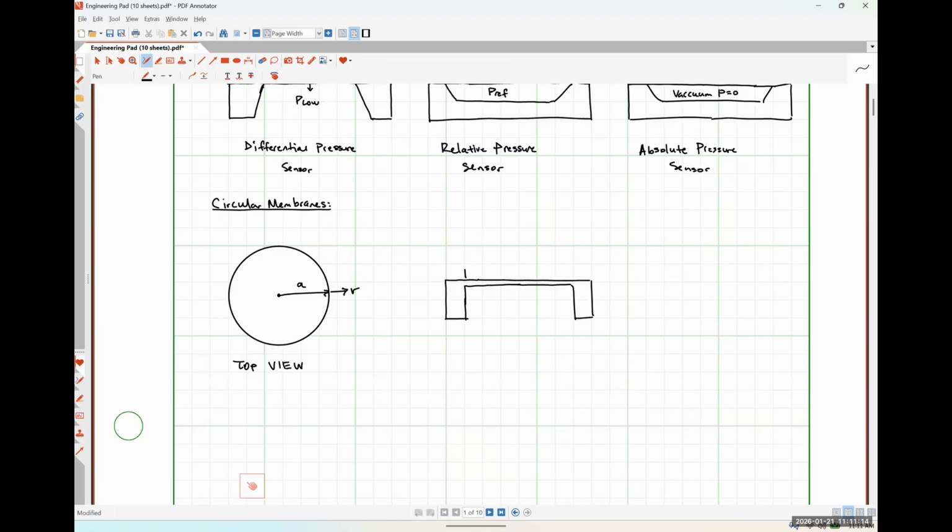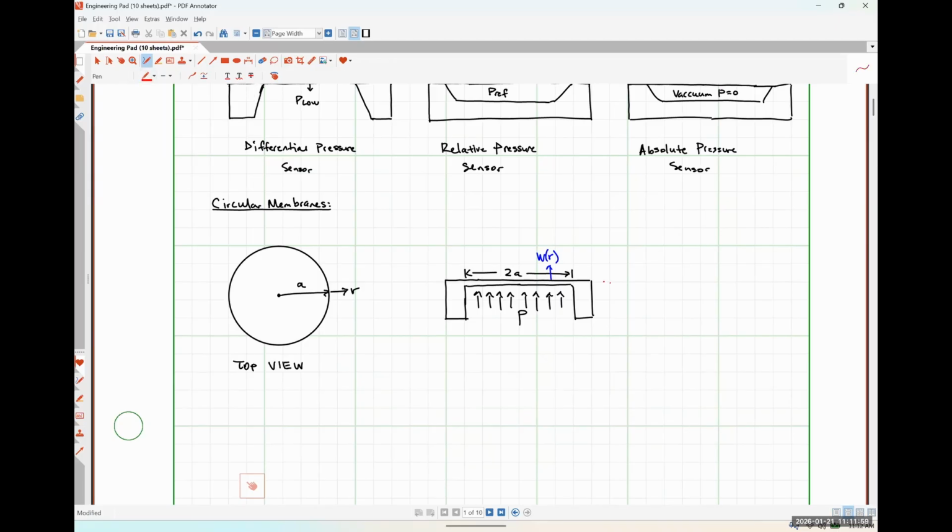Where the distance from here to here is just the diameter of the circle or twice A. So let's say that the pressure down here was higher, and I'm just going to call it P, pushing up on this membrane like so, then what we would observe, and sorry, this is getting kind of busy, is some deflection W as a function of R based on our position away from the center of our circular membrane.